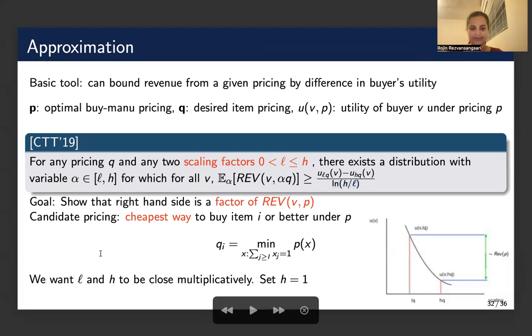The way we define the candidate pricing is that the price for item i is the cheapest way to buy item i or better under this pricing P optimal. And for simplicity, we set H to be 1 and then try to find L.